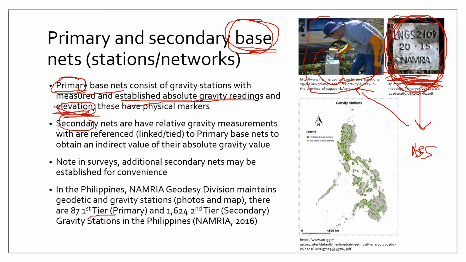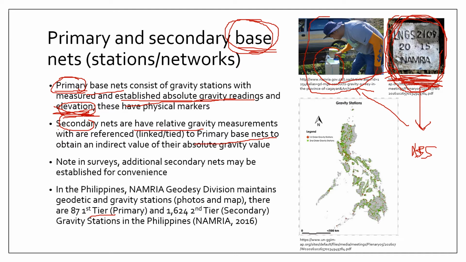Now, since it's impractical to put primary base stations all over the area, we also have what we call secondary nets, which are linked to your primary base, right?